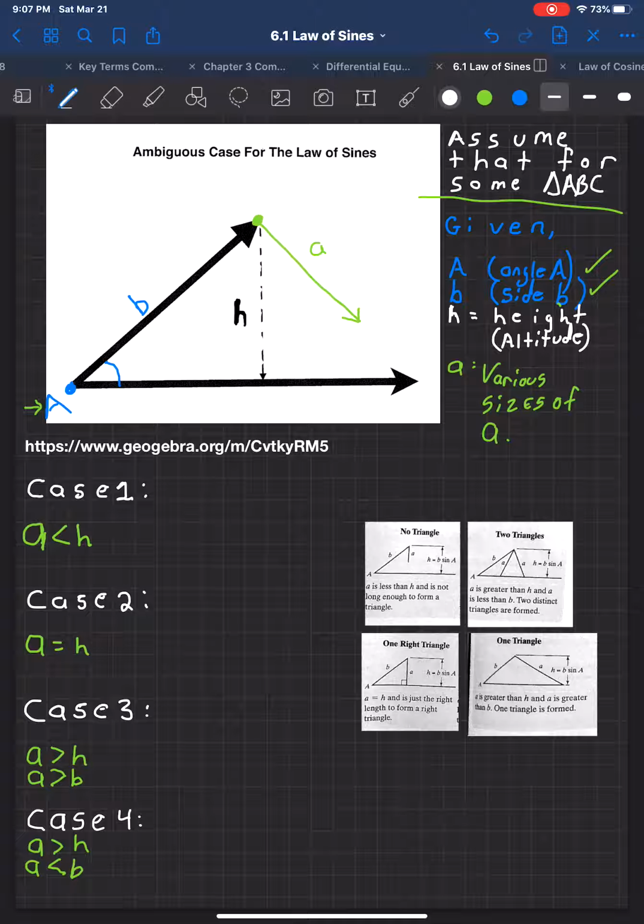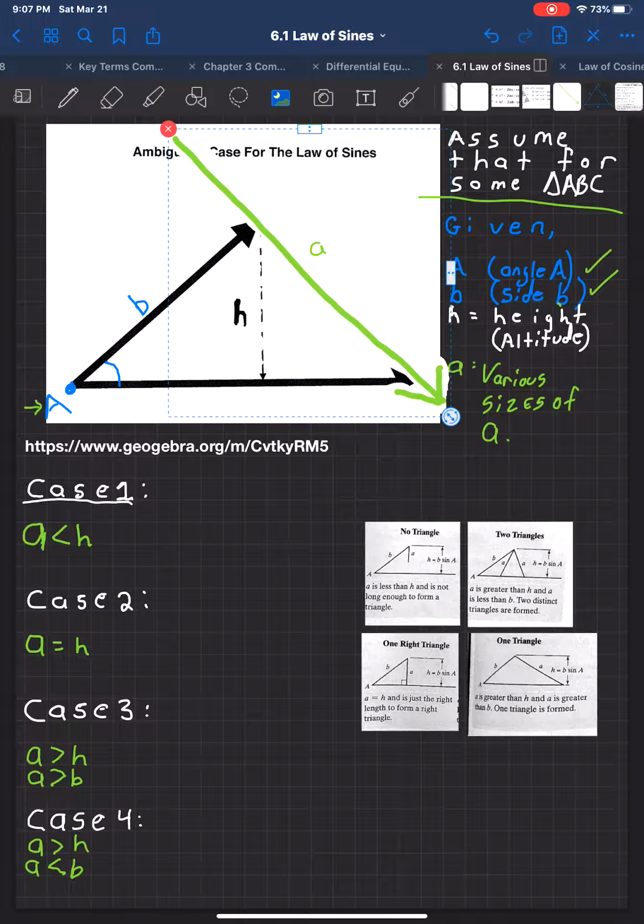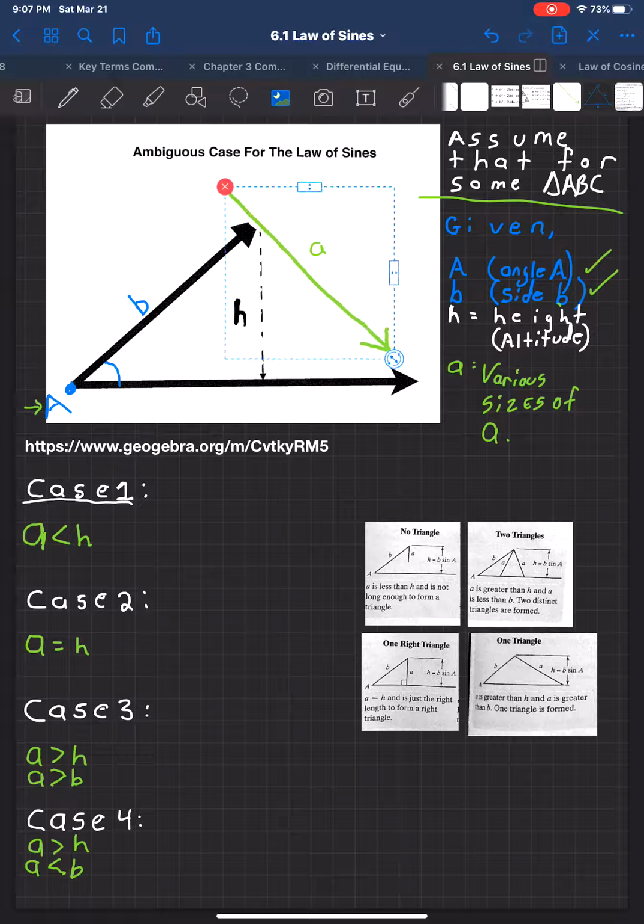Let's assume the first case, case 1. Let's assume that A, because remember, we can play with various sizes of length A, right? So right now, we're going to assume that A is actually less than the height. So let's make it small.